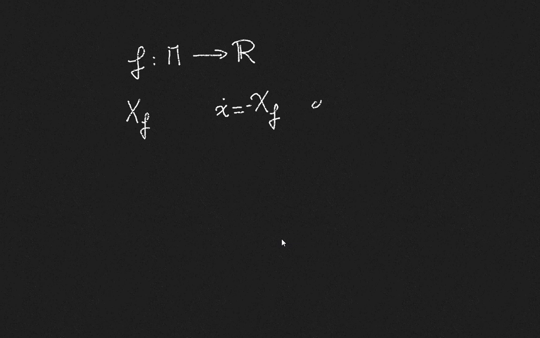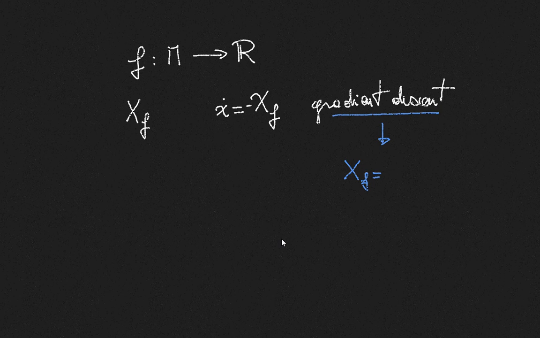So this is just gradient descent, because if we select the right vector field, this is gradient descent when we set x of f equal to grad f, which is just the differential of f with a raised index.